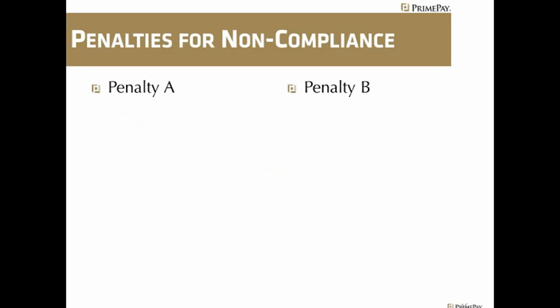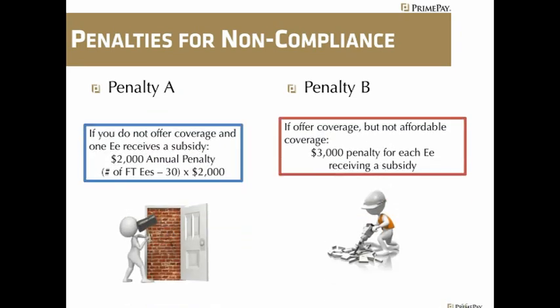Penalties for noncompliance, I think you all are very familiar with this. We have two specific penalties. One, as it's been affectionately called, the sledgehammer penalty, and that's penalty A here, and that is the basic. So if you as an employer decide not to offer coverage, and as long as one employee receives a subsidy from healthcare.gov, then you've got this $2,000 penalty, taking the number of full-time employees minus 30, times that 2,000.